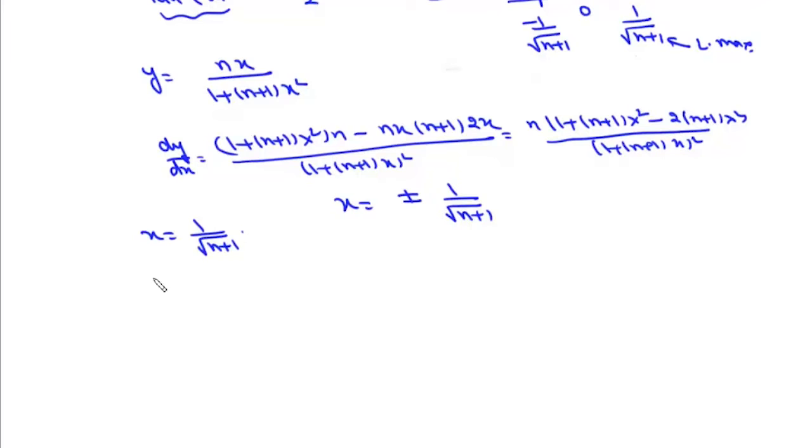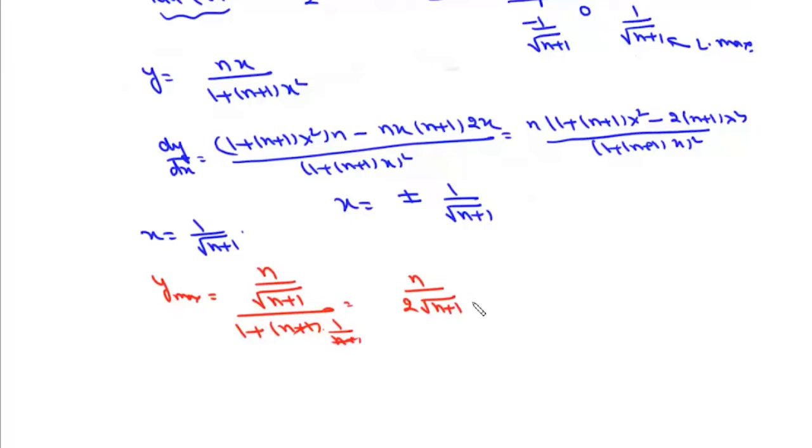So this maximum value of y will be n upon under root of (n plus 1), and 1 plus (n plus 1) times 1 upon (n plus 1), so it will cancel. So it will be n upon 2 under root of (n plus 1).